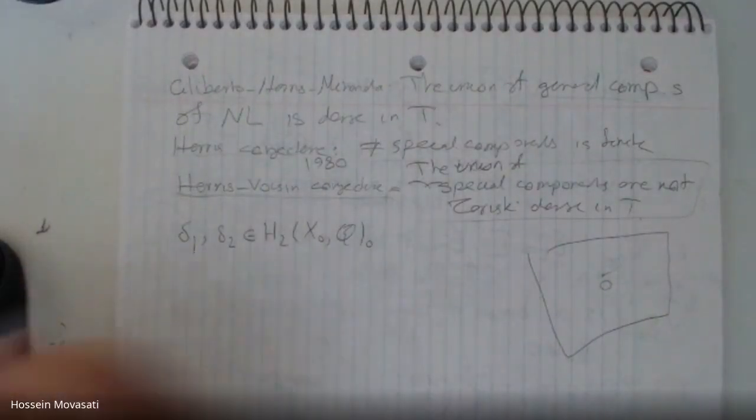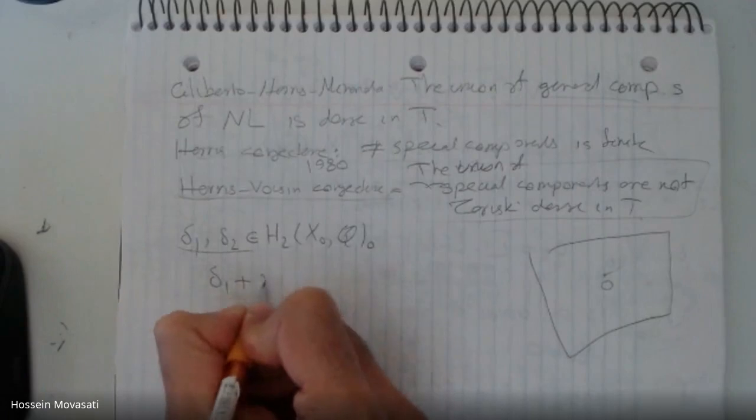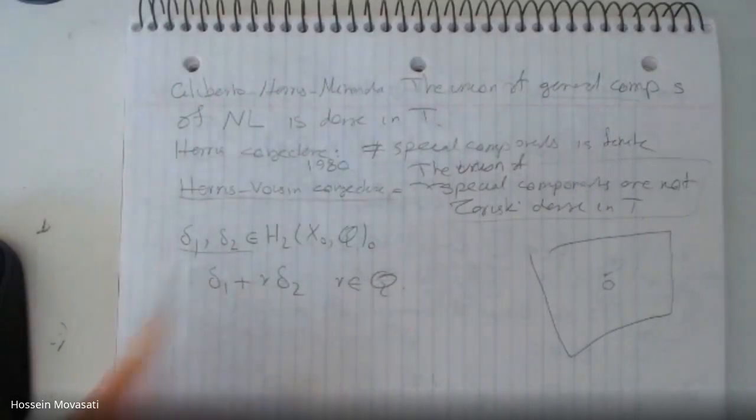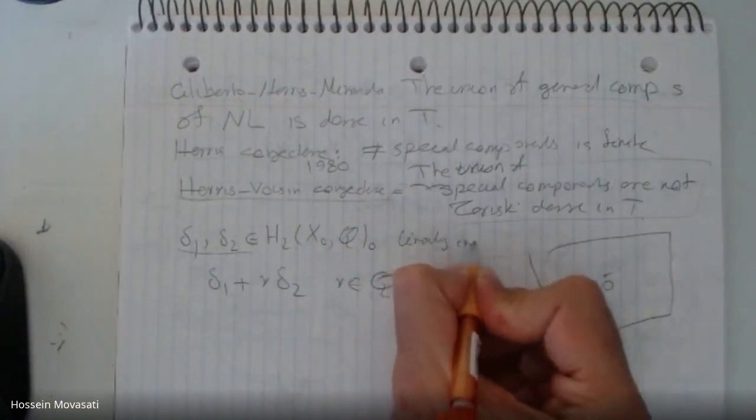And of course, if you have a Hodge cycle, then you have this family of Hodge cycles. If they're linearly independent, then using delta 1 and delta 2, I will have a two-dimensional vector space generated by them.